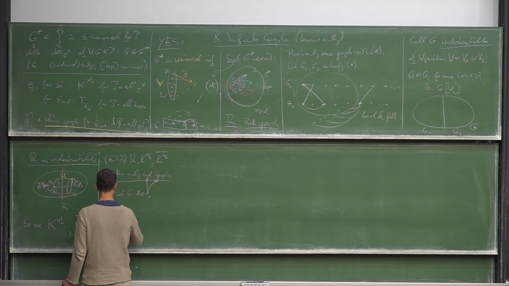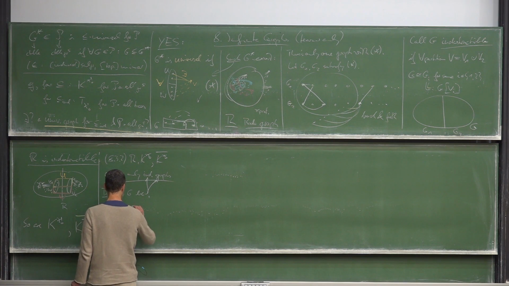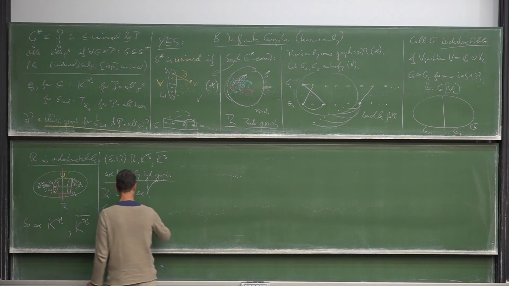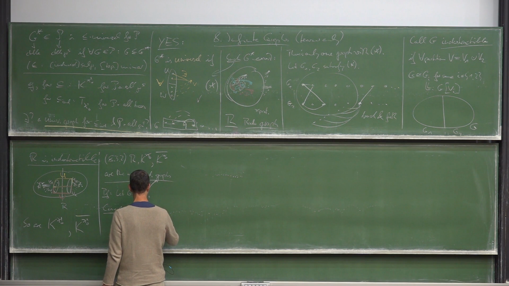Let's look at a few cases. Case one, G has an isolated vertex.